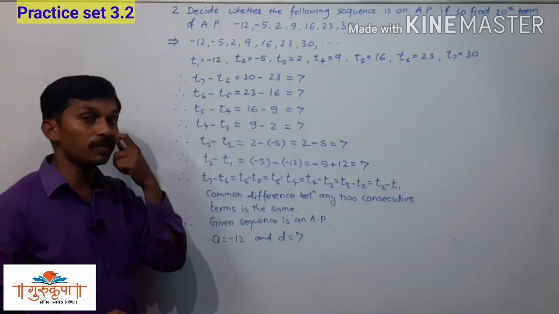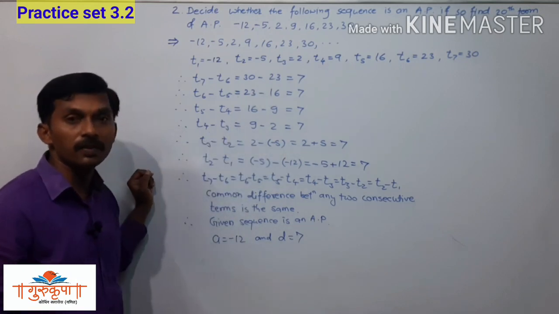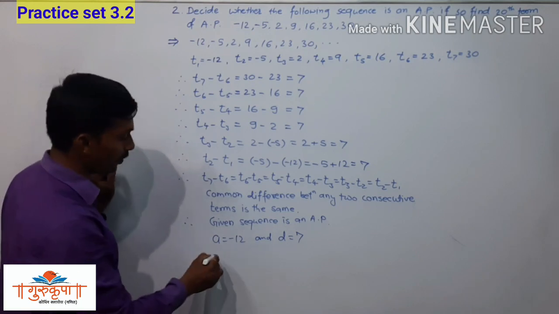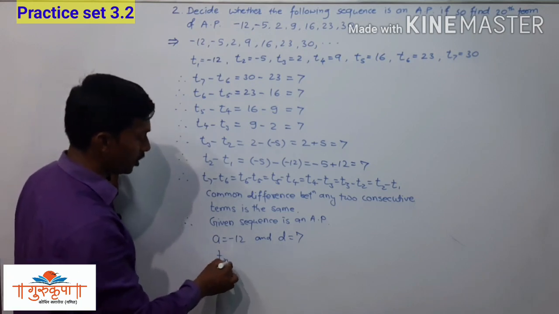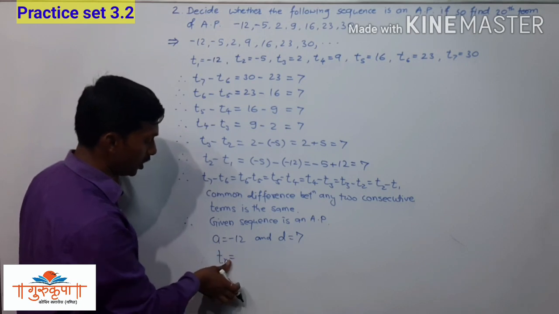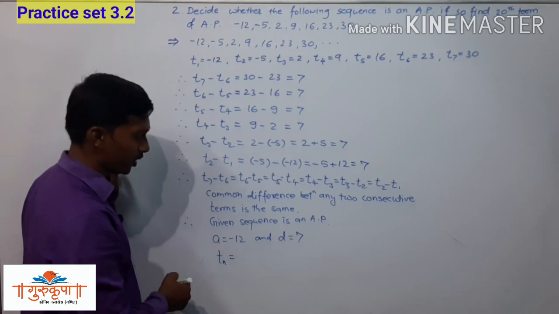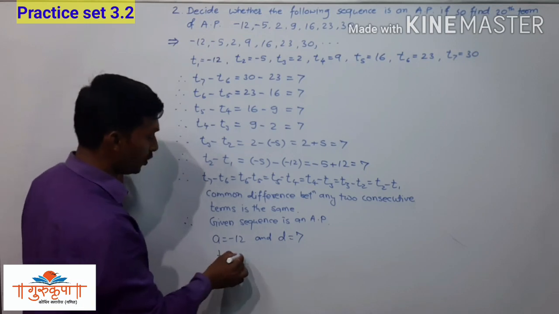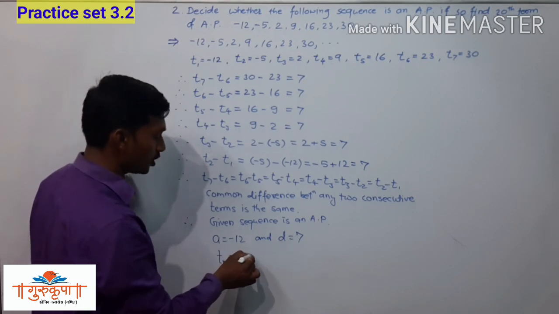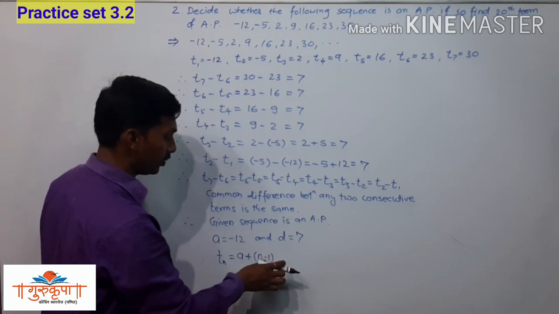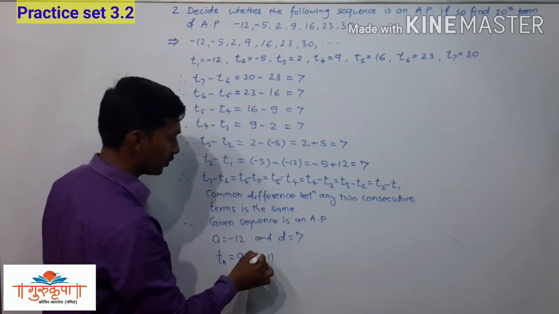We have a formula to find the general term of an AP, and that formula is Tn is equal to A plus (n minus 1) into D. See, this n we have to write at the base, small.